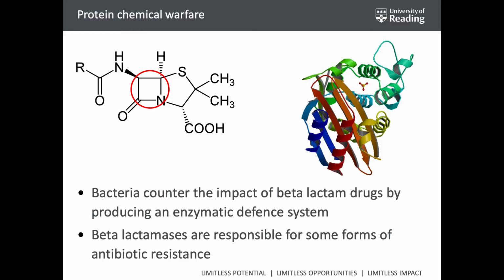And what has gone on over the past 50 or 60 years, as MRSA and other beta-lactam resistant forms of bacteria have become a greater and greater medical problem, is that we've been able to develop beta-lactams with a more complicated structure that are resistant to that hydrolysis by beta-lactamases.